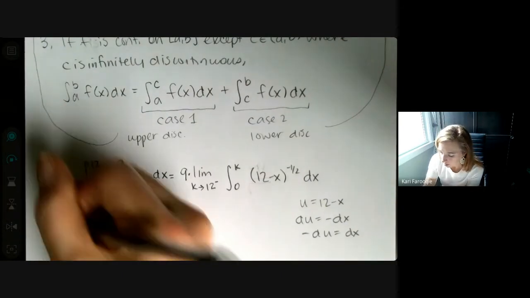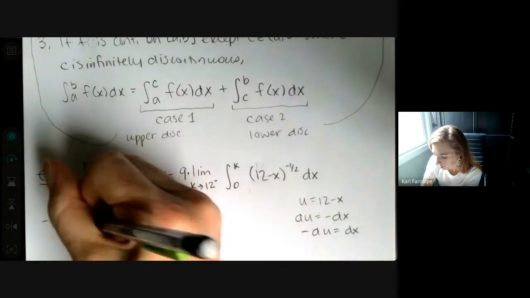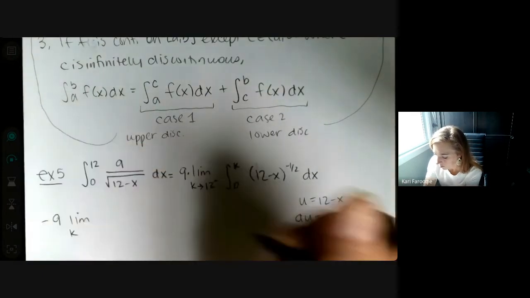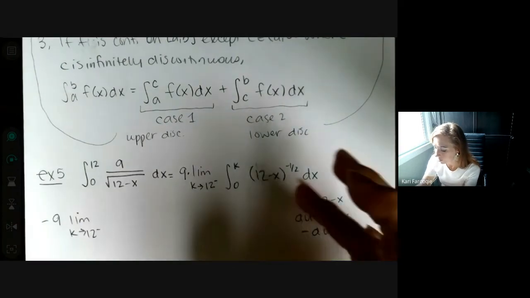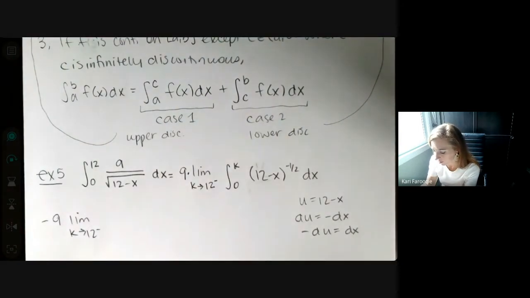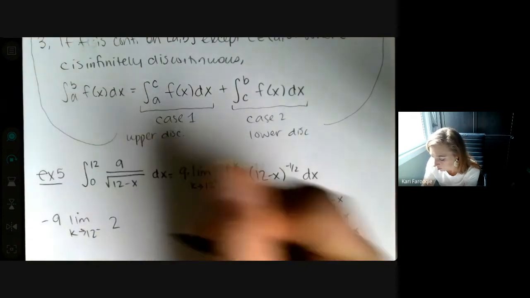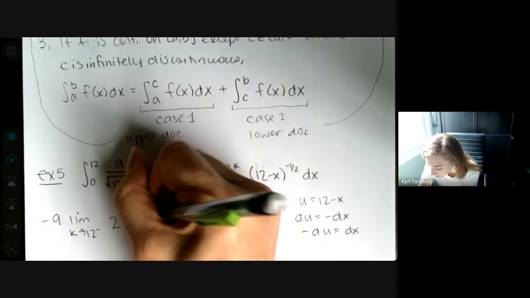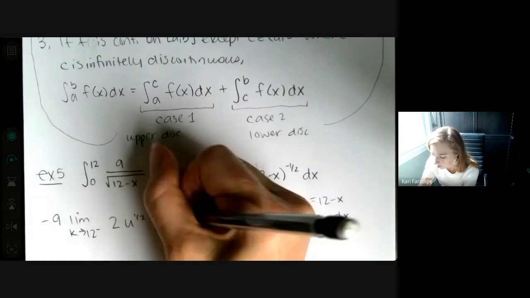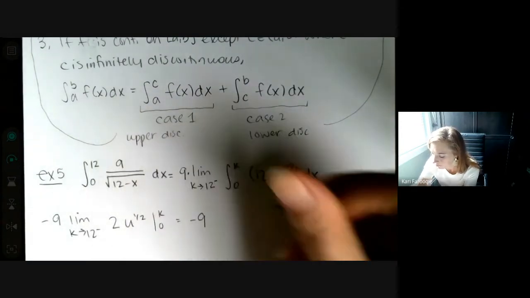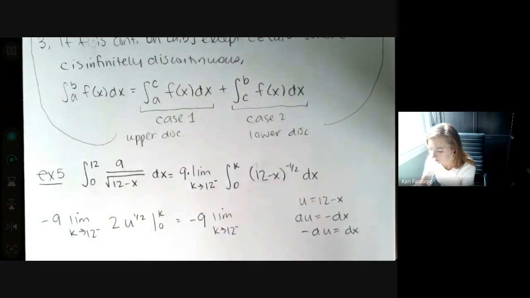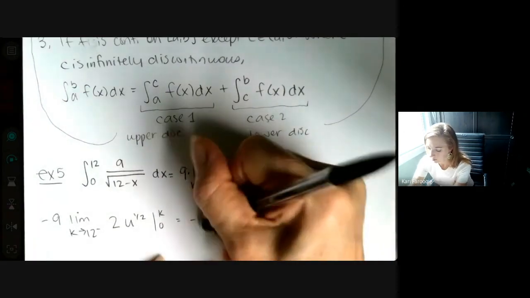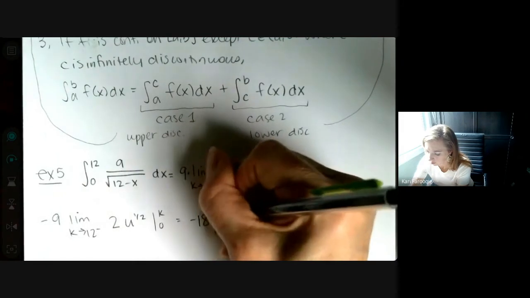All right, so you're going to have negative 9, that's from your negative du, times the limit as k approaches 12 from the left, and then you're going to take u to the positive half, divided by a positive half, which means you're multiplying it by 2. Sure, we'll just plug it back in the next step. Actually, if you want, we'll even multiply this out. 2 times 9 is 18.